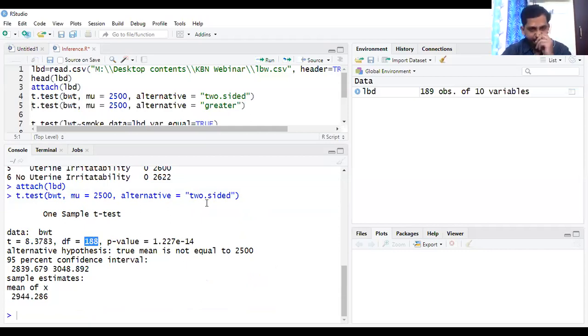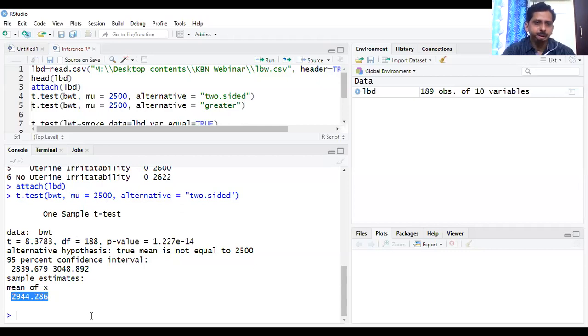Now, since I have taken a two-sided test, the population parameter mean value is 2.5, that is 2,500 grams. The mean observed from the data is 2,944.286 grams, which is quite on the upper side of the 2,500. But this is the point estimate of the data.